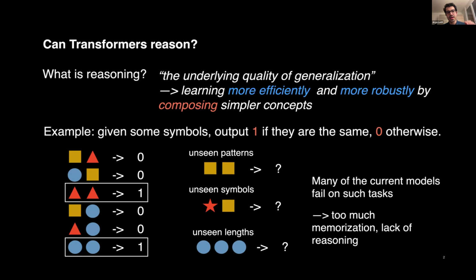During tests, we can see new samples, which would be normal generalization, but we can also have unseen symbols, which would be out of distribution generalization, or we can have longer sequences. This kind of out of distribution generalization makes a nearest neighbor and memorization approach impossible.